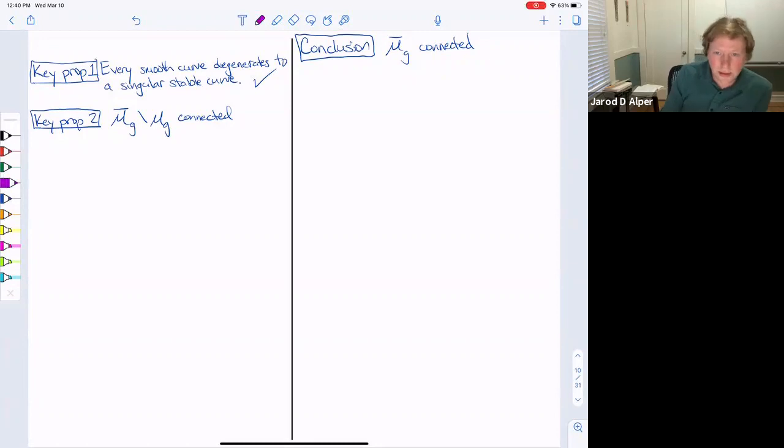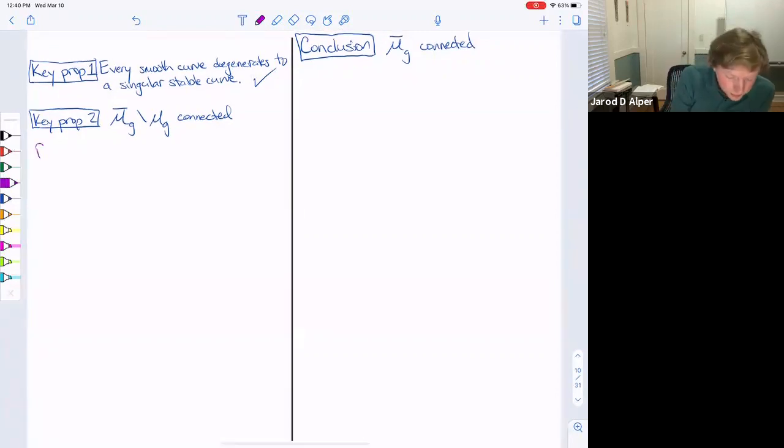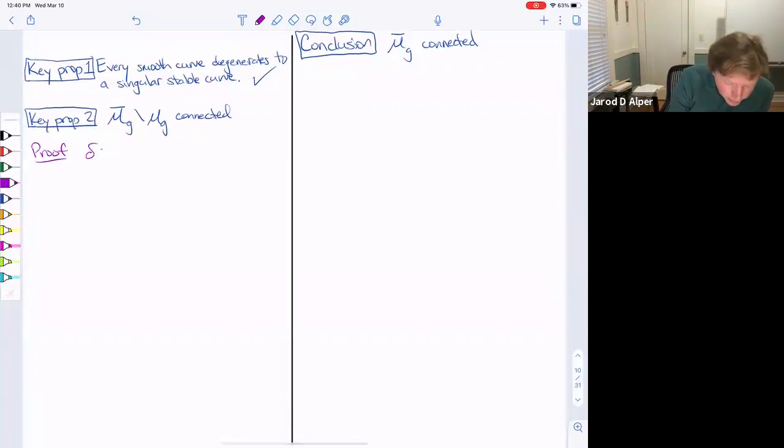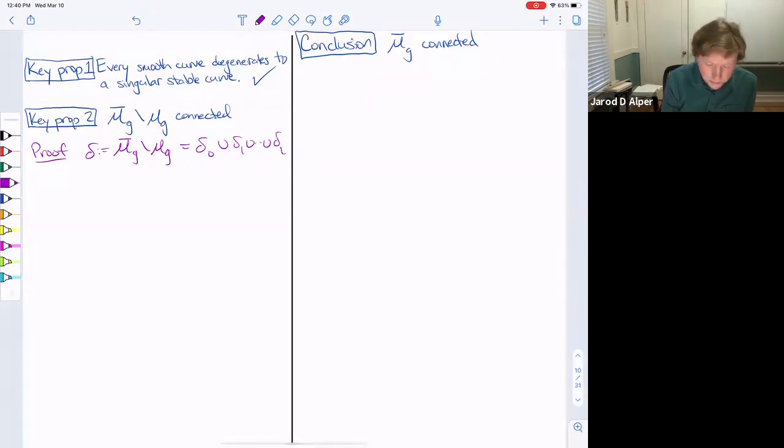And this is a proof by induction. Recall that this delta is what we were denoting this complement here, and this consists of singular curves, which we defined last time.